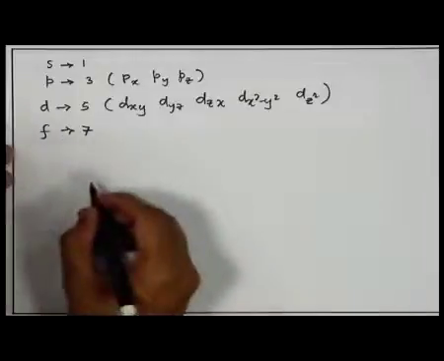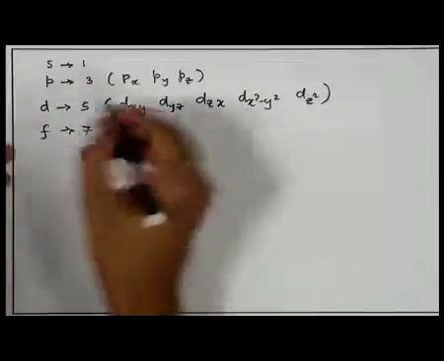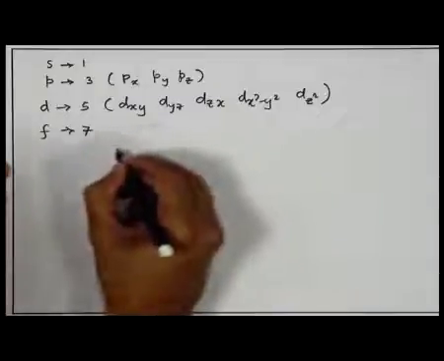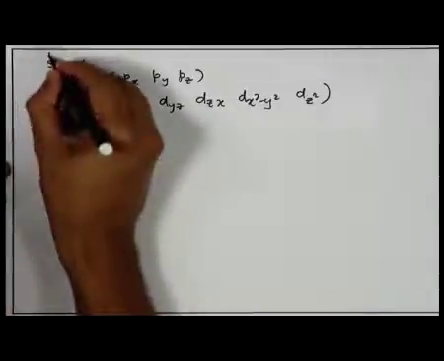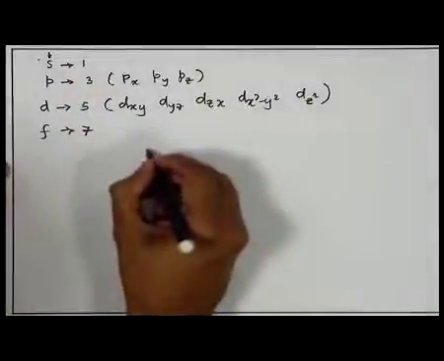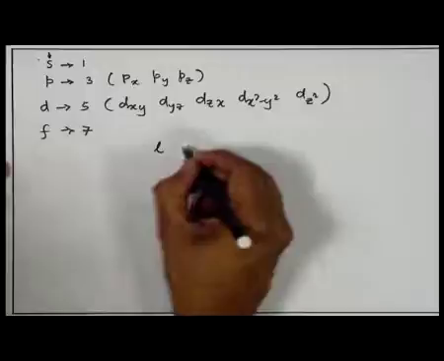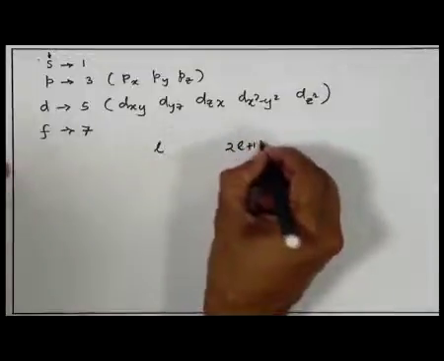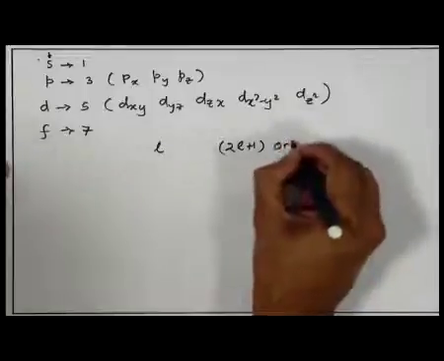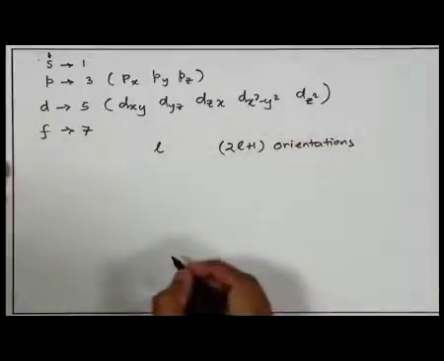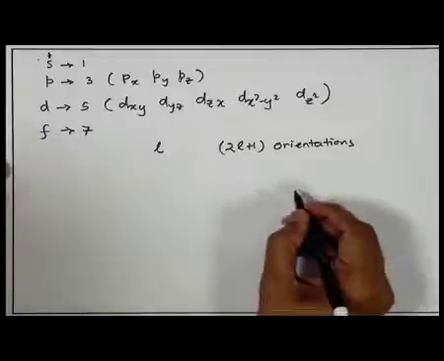So, you see, we can actually generalize this. For a given value of L, because these s, p, d, f signify a particular value of L, there are 2L plus 1 orientations possible. And what are the values of these 2L plus 1 orientations?